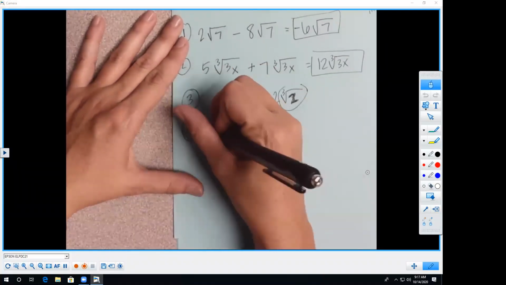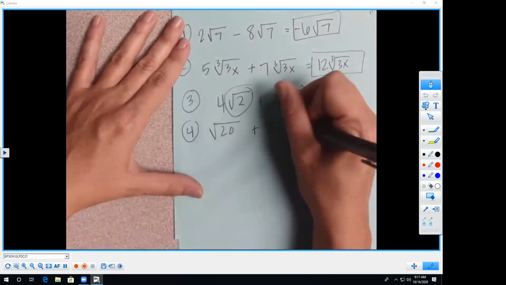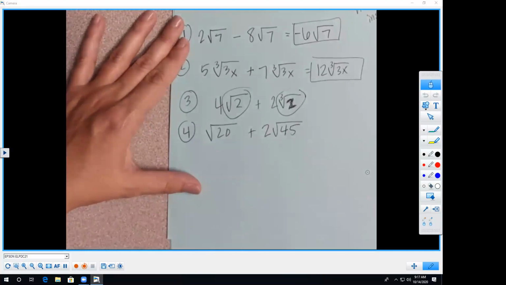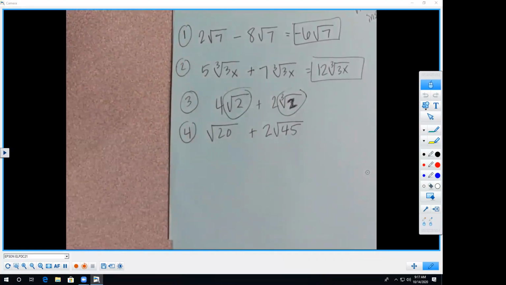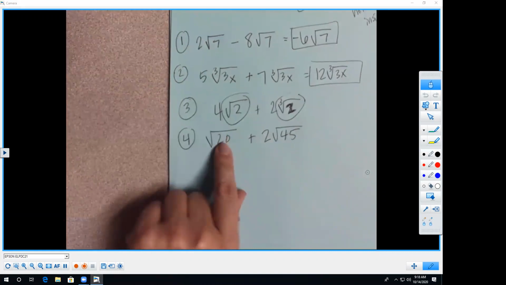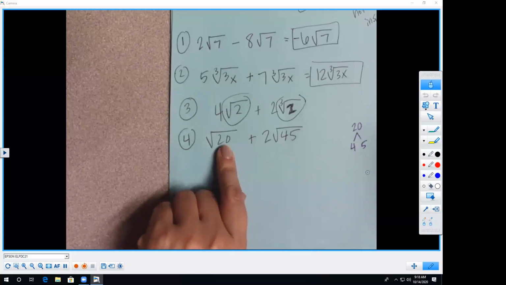Okay, so what about if it looks like this? The square root of 20 plus 2 times the square root of 45. Can you add those together? As they are right now, no, you cannot. But do those look like problems that you could simplify? Yeah, I could break down 20, right? 20 is 4 times 5.